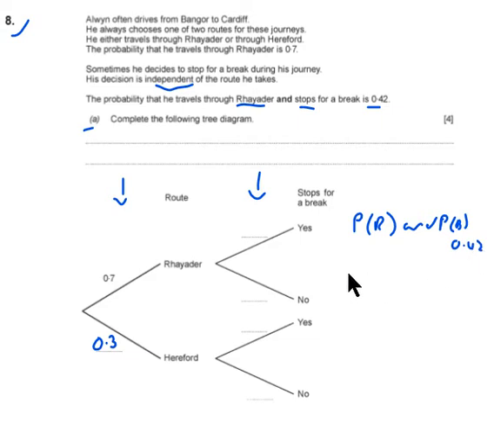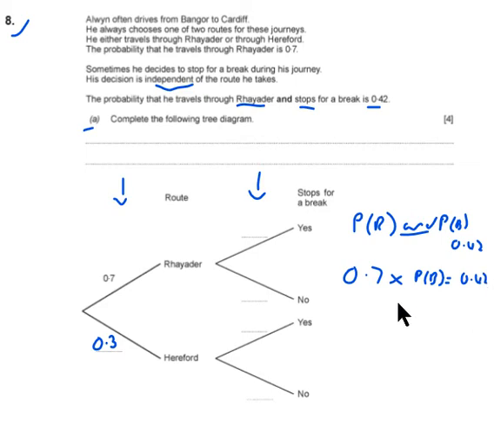We know the probability that he goes through Ryder is 0.7. In probability, and is indicated by multiply. The probability of stopping for a break we don't know, but we do know that the answer to this equation is 0.42.